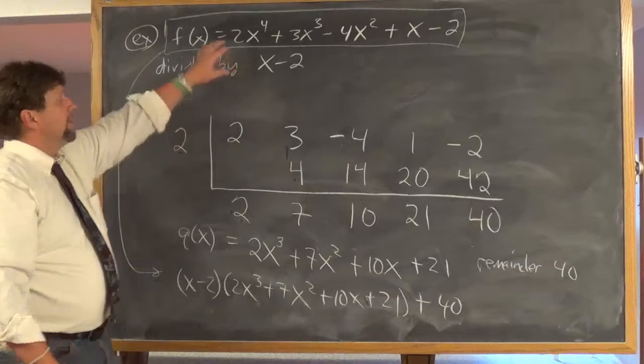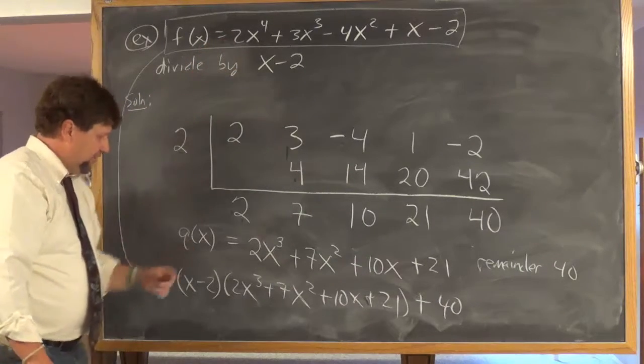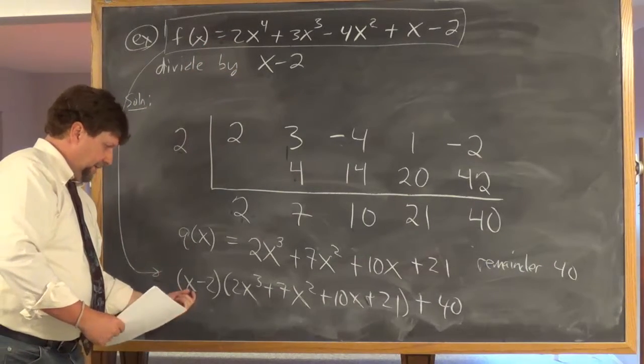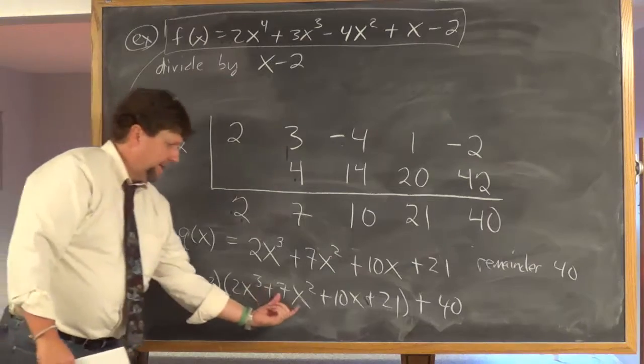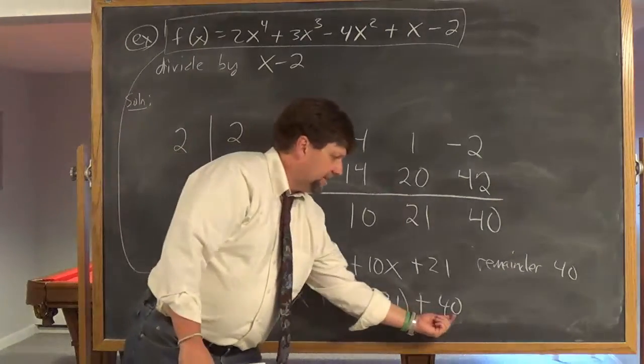So the general form is you can take the original function and write it as the divisor times the quotient plus the remainder.